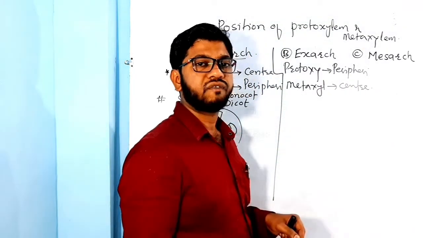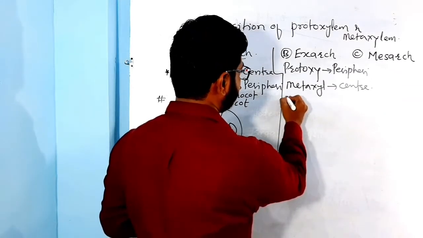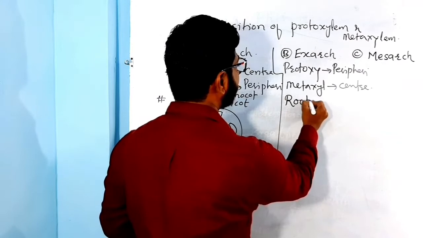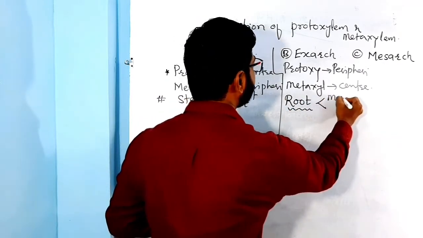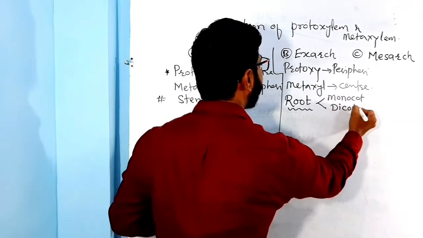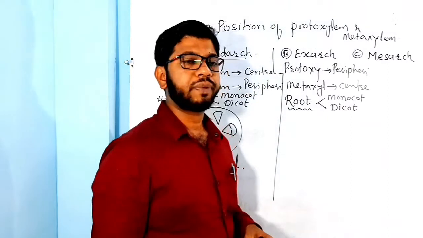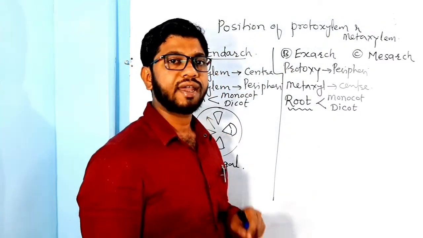So this type of vascular bundle is known as exarch. Exarch vascular bundles are the characteristic of root. The monocot root as well as the root of dicot plant show the presence of exarch type of vascular bundle.